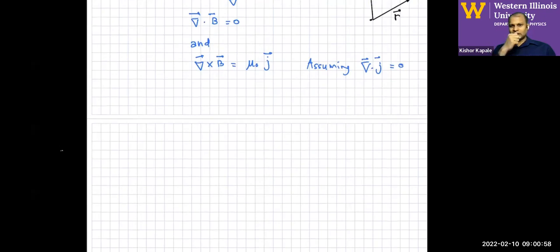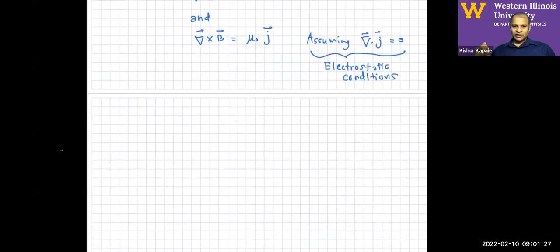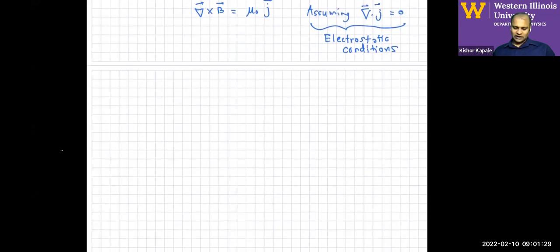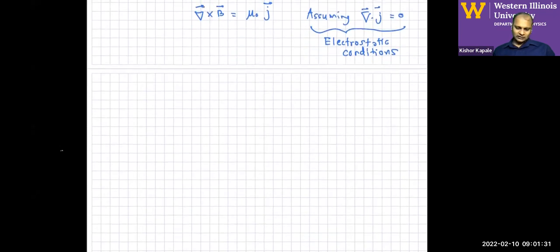Because in electrostatics, we assume that there is no explicit time dependence on the charge density. So the partial derivative of rho with respect to t in the continuity equation is 0. And so this is also going to lead to divergence of J equal to 0. These are the electrostatic conditions. So imposing electrostatics gives you divergence of J equal to 0 always, right? So that's the other connection.